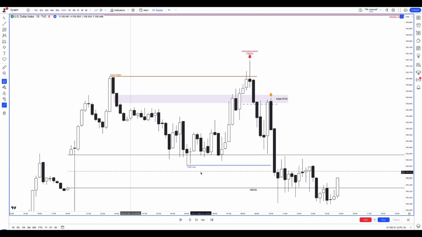If London forms a low, I'm expecting New York session to continue, especially when we haven't hit any higher time frame level yet. So that was the expectation going into New York session: London formed a low, and for New York to continue that low into the weekly draw until a higher time frame level gets hit.